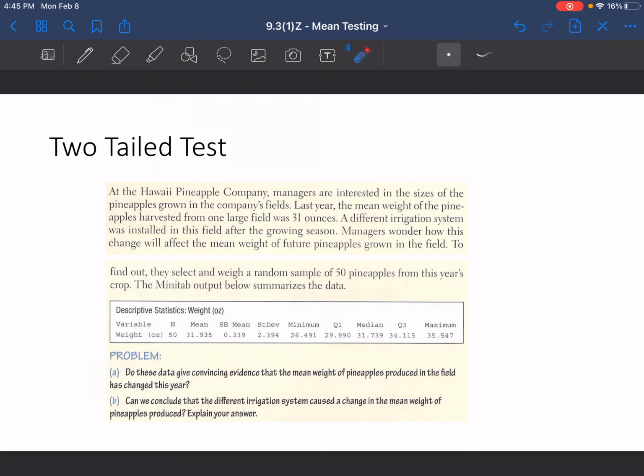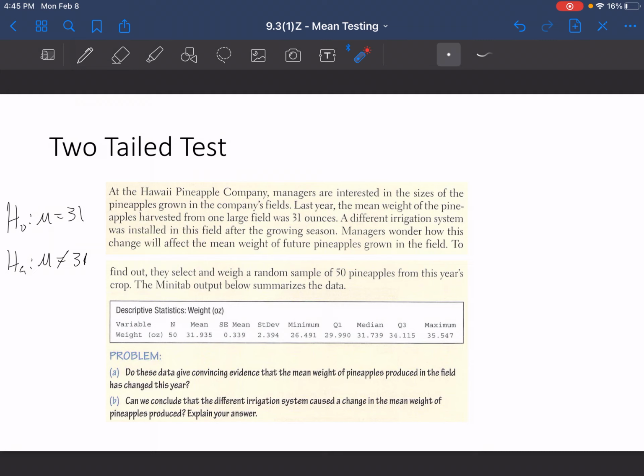So right off the bat, we know that our null hypothesis is going to be a mean weight of 31 ounces, and we're testing against a mean weight that is different than 31 ounces. So it could be lower, it could be higher, we don't know. But we're saying that the mean is not equal to 31 ounces in this case.